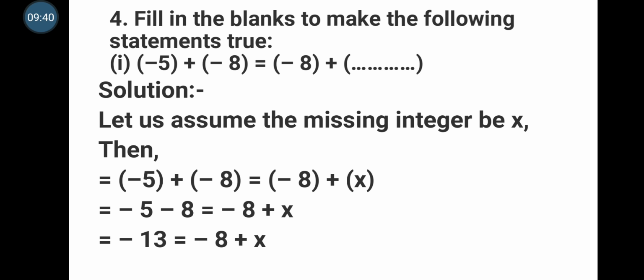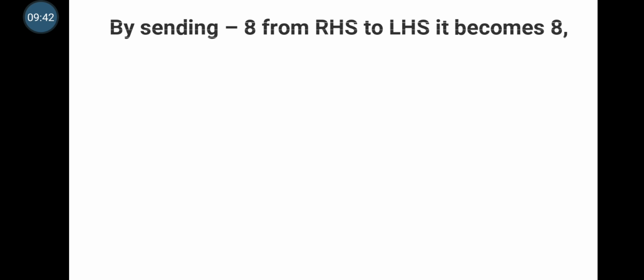Okay, so now bring the 8 to the other side of the equal sign, that is, by sending minus 8 from RHS to LHS it becomes 8. When you transpose one number from LHS to RHS or RHS to LHS, at that time we need to change the sign of the number. If it is plus, it will change into minus.